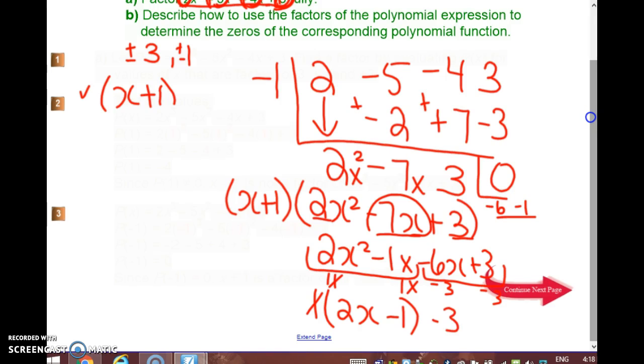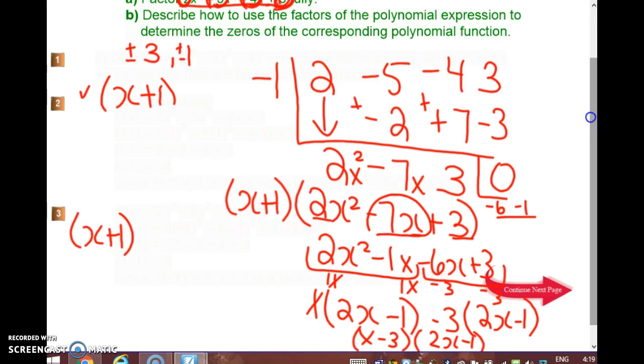So the minus 3 goes on the outside, and I'm left with a 2x minus 1 on the inside. So now we write our front pieces as a bracket, and then we write the repeating bracket as one bracket. So we have broken this down to this factor, the first one we found, and we did decomp along with synthetic division.